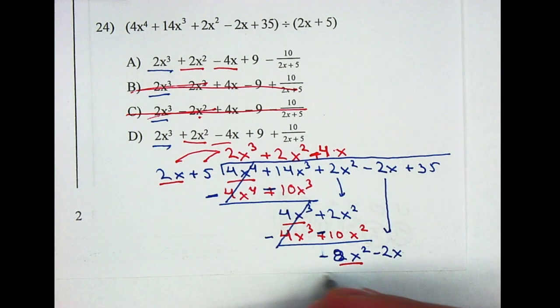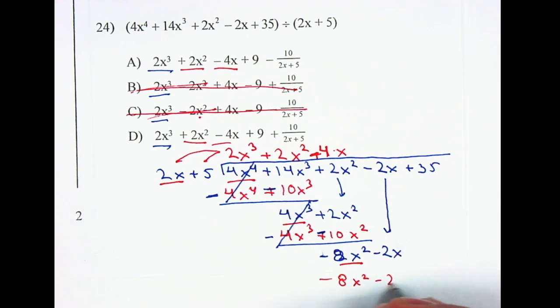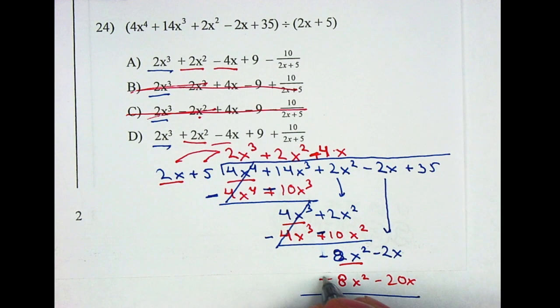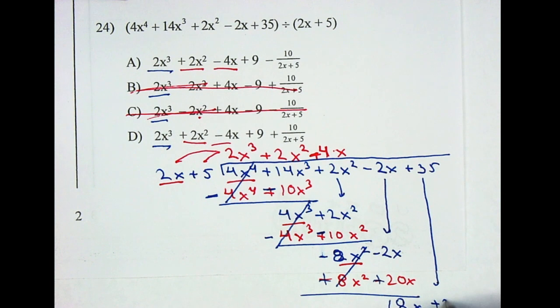Negative 4x times 2x will be negative 8x squared. Negative 4x times positive 5 gives me negative 20x. I draw the line, and I change my sign. That becomes a positive, that becomes a positive as well. That will cancel. That will give me 18x, and I bring down the next number, which is positive 35.